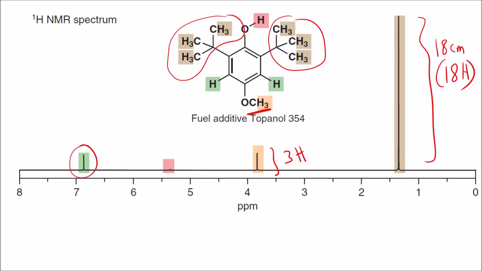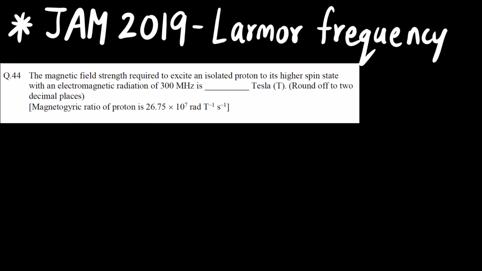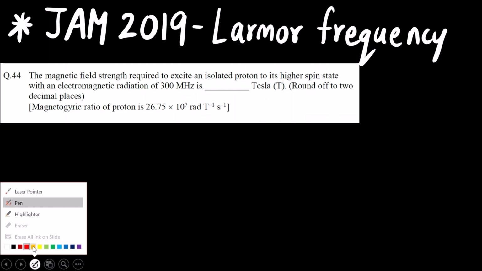Then the green one is slightly shorter. Green is for 2 protons, and the red one is the shortest, for 1 proton, that is this OH. So in this way, the height of the peak depends on the number of hydrogens present in each group. Now let us solve some previous year questions asked in the JAM exam.